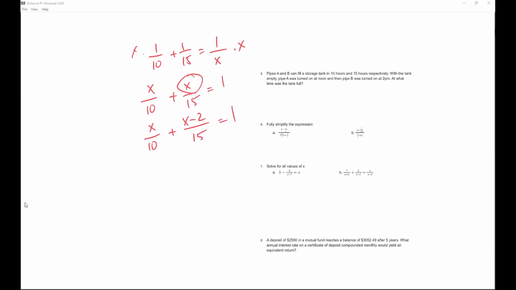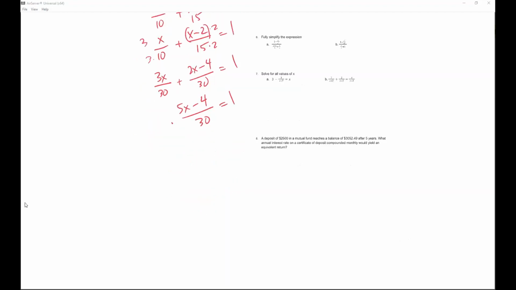So if you get a common denominator, this is 30, it'll be 3x plus 2x minus 4 over 30, right? Because I have to multiply both by the 2 here. I have to multiply the 3 on top and bottom, equal 1. So this will be 5x minus 4 over 30 is equal to 1. Multiply both sides by 30. 5x minus 4 is equal to 30.